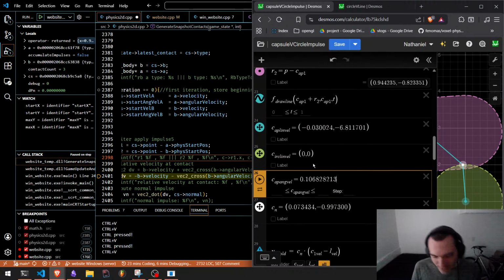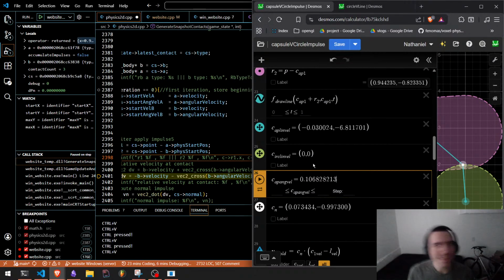Because it's two-dimensional, you can only rotate around the axis pointing into the screen, and that's just going to be a single one-dimensional scalar value. Linear velocity gives you the x and the change in y, but when you have angular velocity in 2 dimensions, it's just a single scalar value.